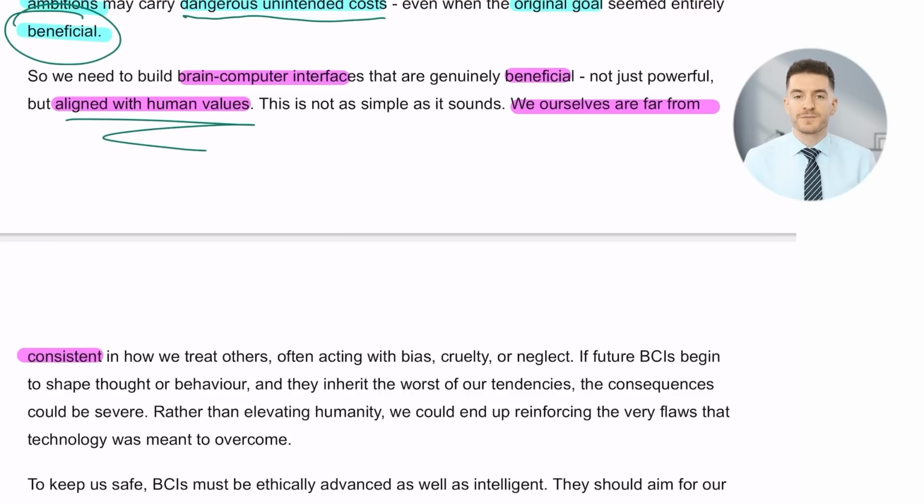If you're far from consistent, that means you're not always doing the same thing. So that means we're not always treating others in the same way. So we often act with bias or cruelty, when you're not very nice, or neglect, when you don't follow your duties.